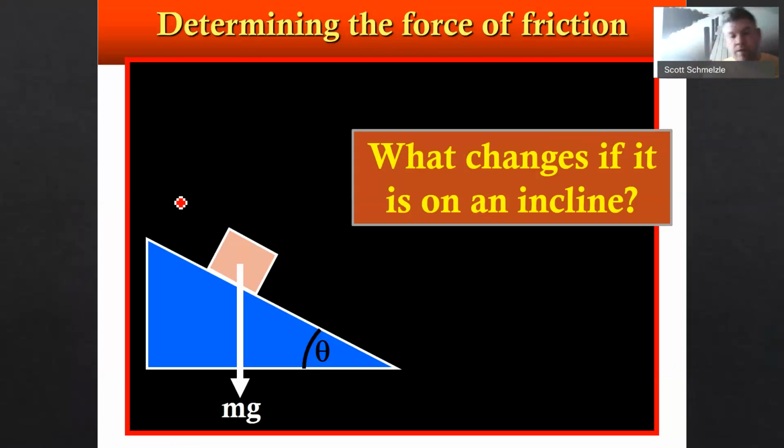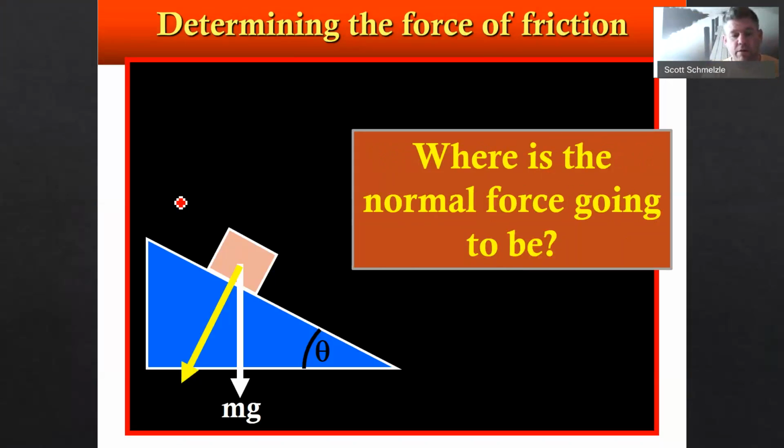That's what we're looking at now with this incline. The yellow is the force that our body is trying to push into the actual incline. When we look at the normal force, it is still perpendicular to the surface, so it still acts at a 90-degree angle to the surface.